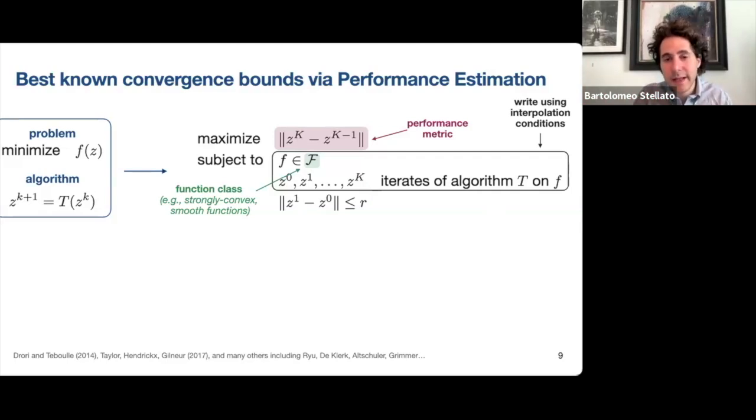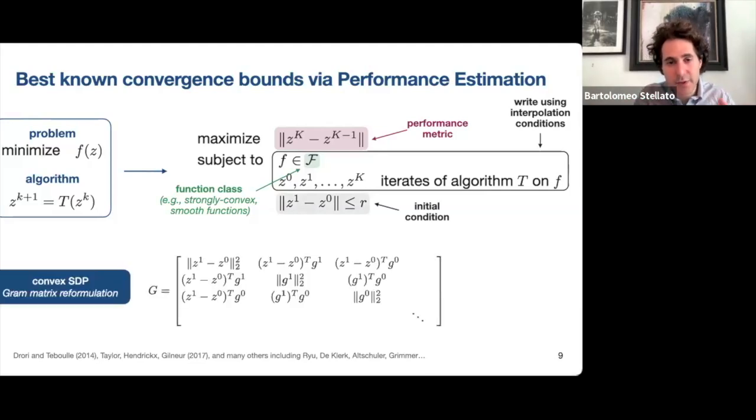But the main point is that this allows you to write a finite dimensional problem. And also, if you set up an initial condition, for example, the initial distance of the two iterates is bounded by R, then you can get a finite dimensional representation. And then the performance estimation literature allows you to go even beyond the finite dimensional representation and get a convex formulation of this performance estimation problem, where it becomes just a semi-definite program in terms of this Gram matrix G, where G are just the norms of the differences of the iterates or the gradients that appear in your algorithm as the iterates progress.